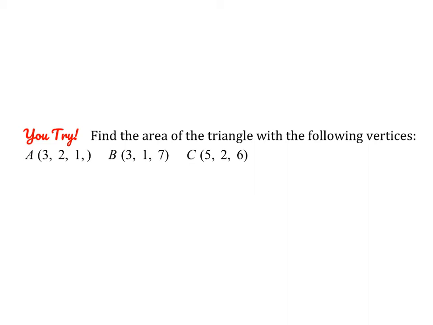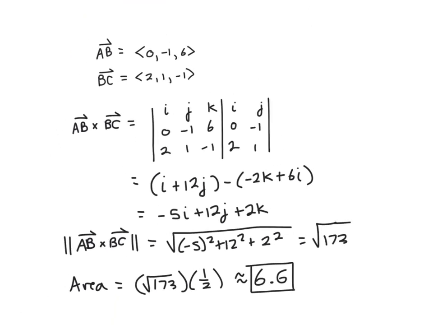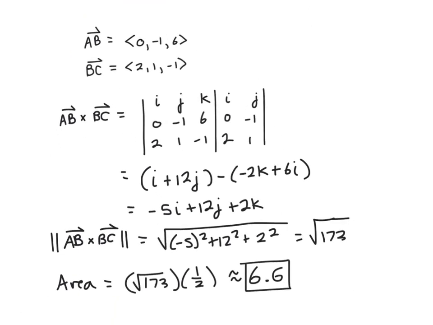All right, go ahead and pause the video and give this one a try. Okay, so here you can see that I picked the adjacent sides AB and BC. I found the cross product, which I got right here.